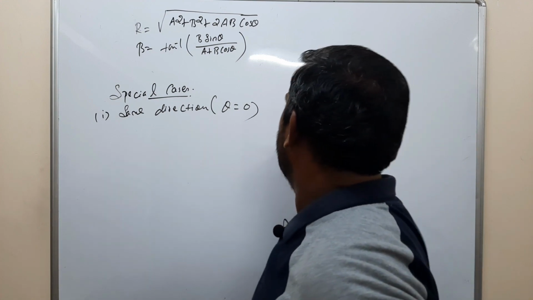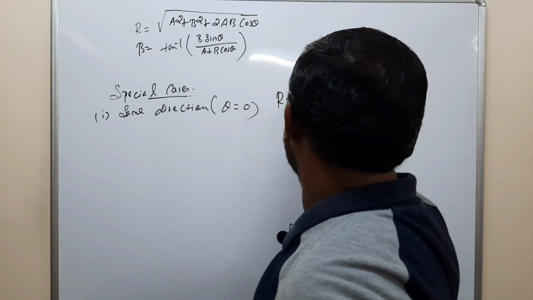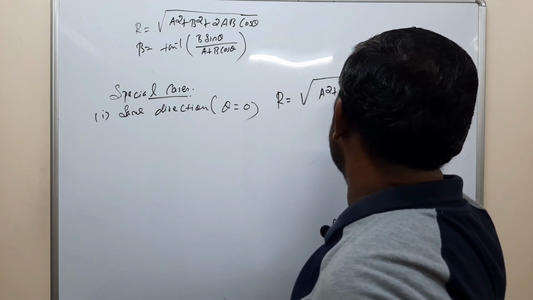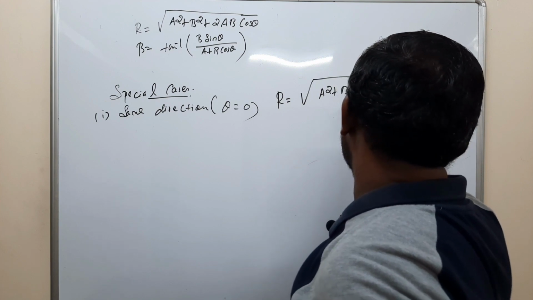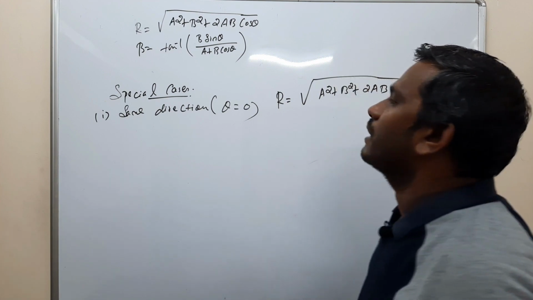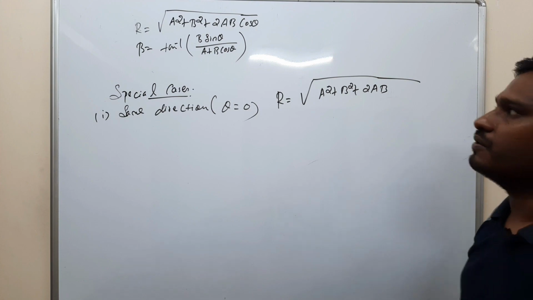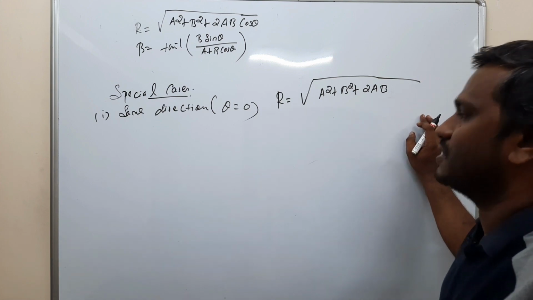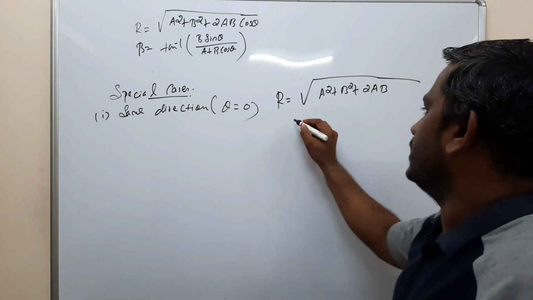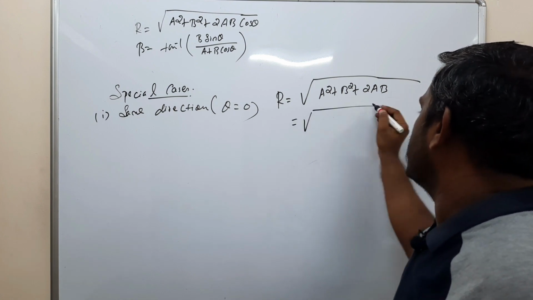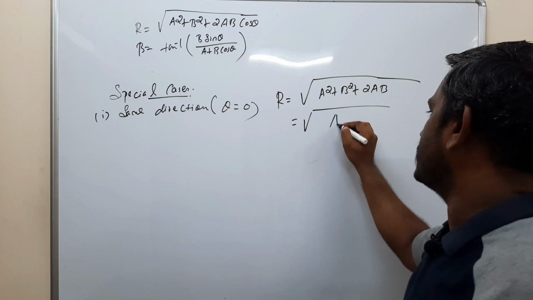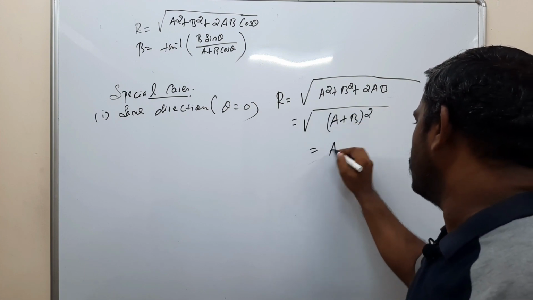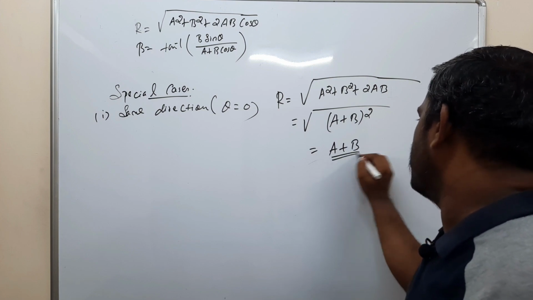Therefore R is equal to square root of a square plus b square plus 2ab cos 0. Cos 0 means 1. So this is square root of a square plus b square plus 2ab, that is a plus b the whole square, so that's equal to a plus b.